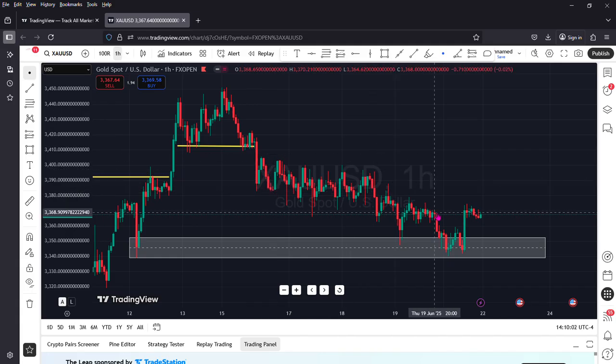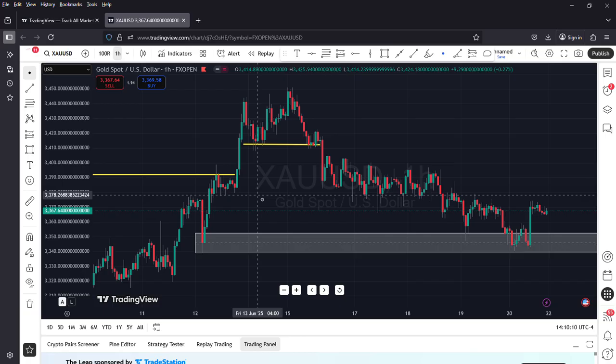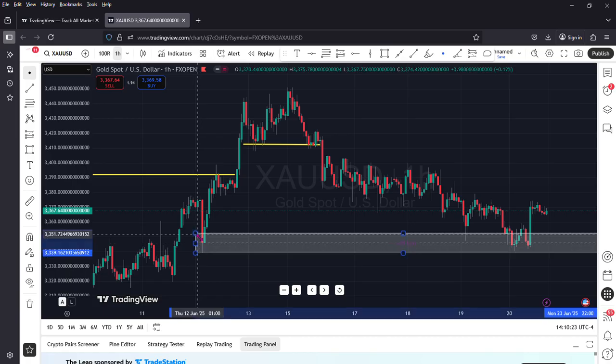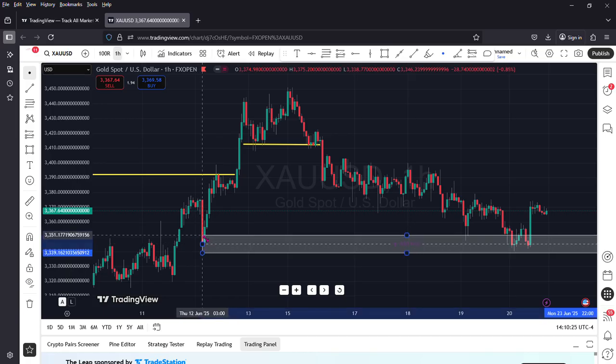On this tight range, the only thing we can see is that we will reform back this area, our origin that the market tapped into.